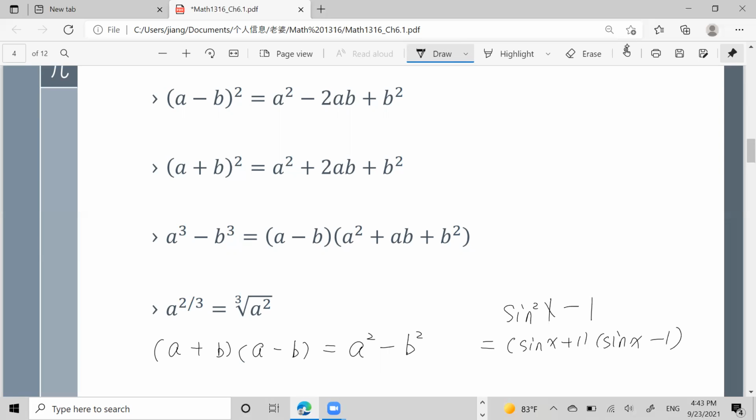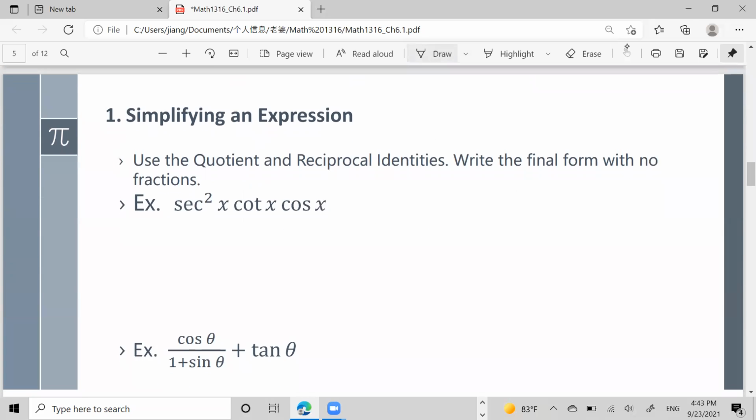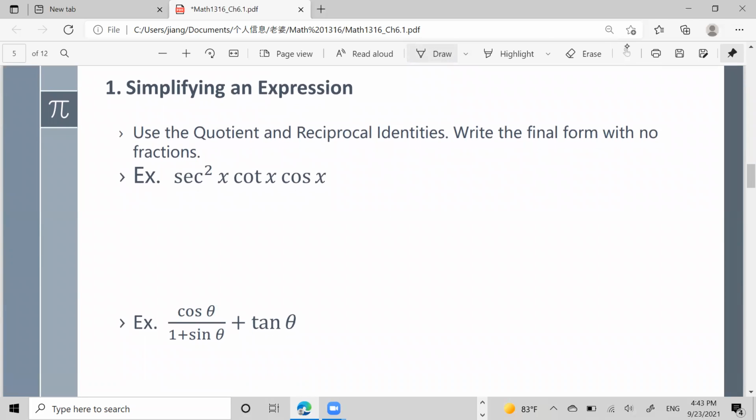Okay, let's continue. Simplify an expression. Use quotient and reciprocal identities. Write the final form with no fractions. The way we simplify an expression is we convert all the trig functions into sine x and cosine x.